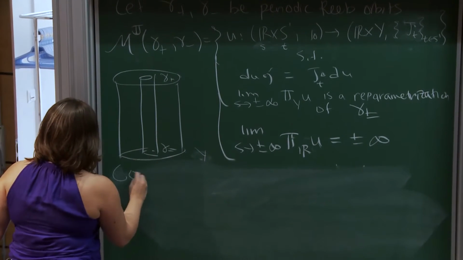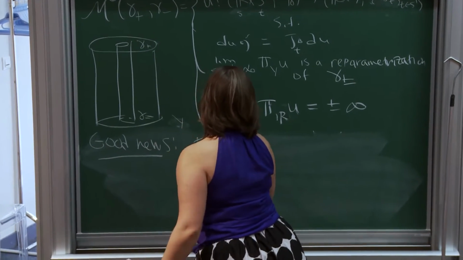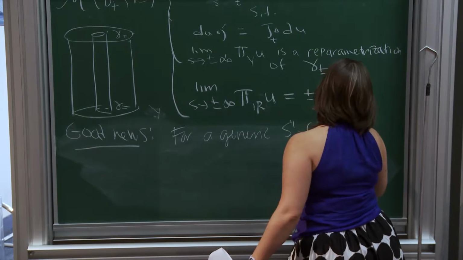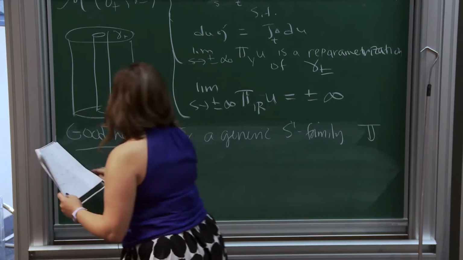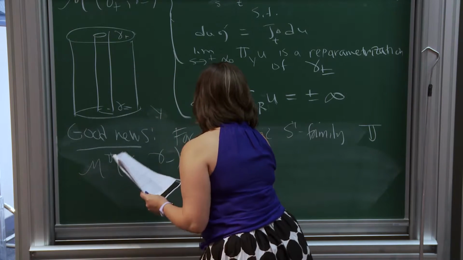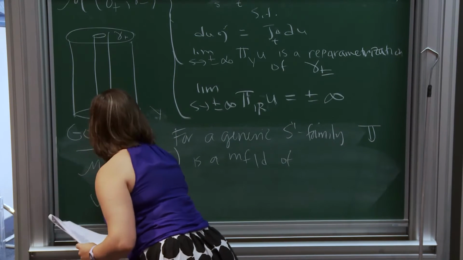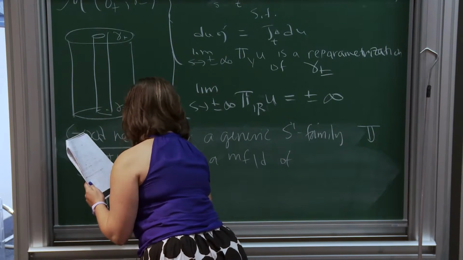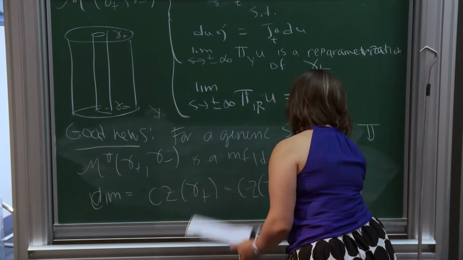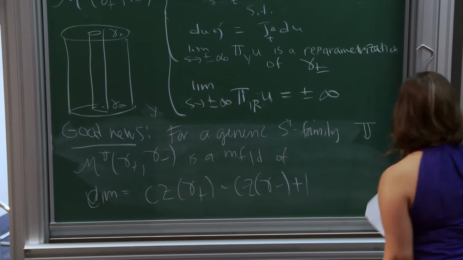So the good news: for a generic family, M(J, gamma plus, gamma minus) is a manifold of dimension equal to the Conley-Zander index of gamma plus minus the Conley-Zander index of gamma minus. And I broke some symmetry, so it's got an extra dimension on it.